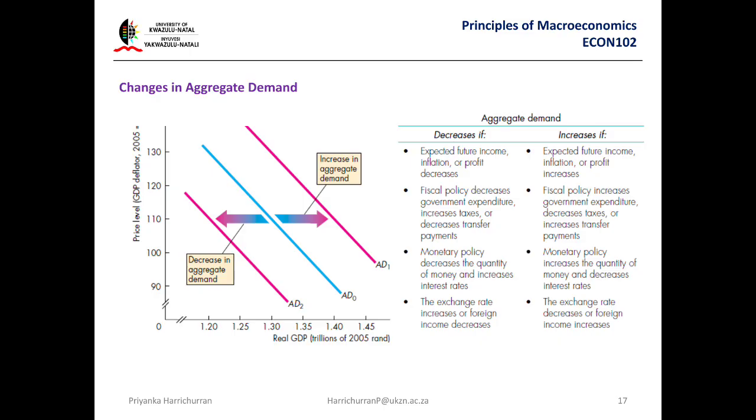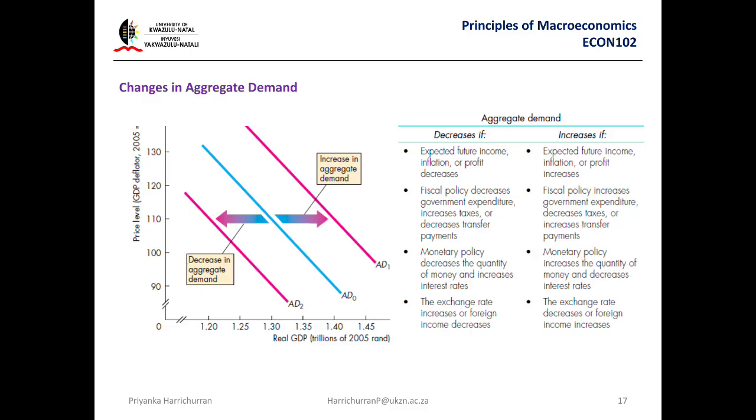So more exports means demand going up. Foreigners want more stuff. Demand is going up because our rand is weakening. When the rand decreases, our money is decreasing, but people from other countries are benefiting more because they can now buy more of our rand with their money.